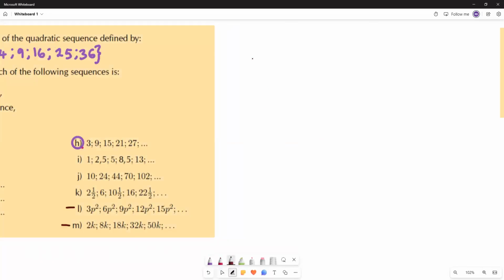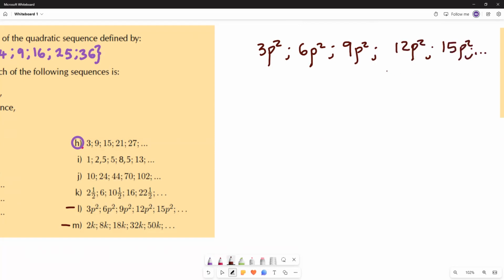So I have 3p squared, 6p squared, 9p squared, 12p squared, 15p squared, and so on. Let's do the first difference quickly. You can see that 6p squared minus 3p squared is going to be 3p squared.